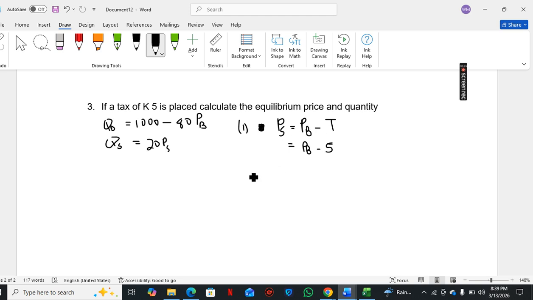Step 2: adjust the supply function. What I mean is, remember our supply function was QS equals 20 PS. We substitute PS with PB minus 5.